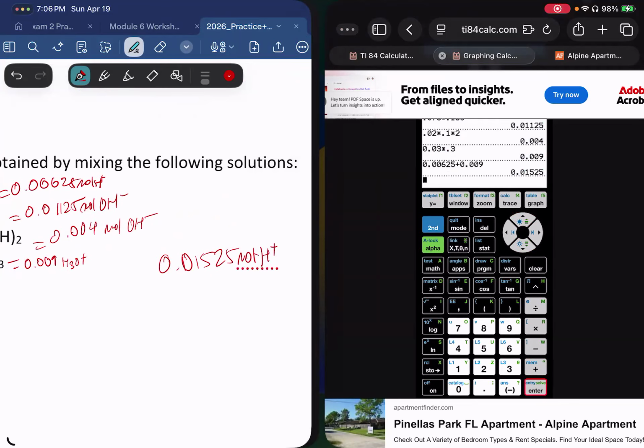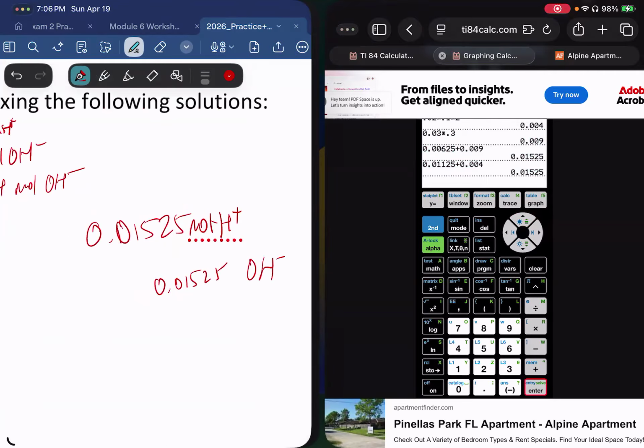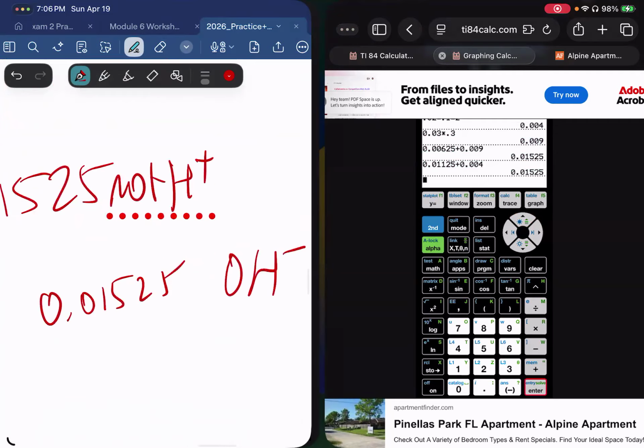And then with the base, it's this value plus this value, and that's also 0.01525, I believe. Let's check if I'm doing this right. Because they're both equal to one another, that saves us a lot of work.